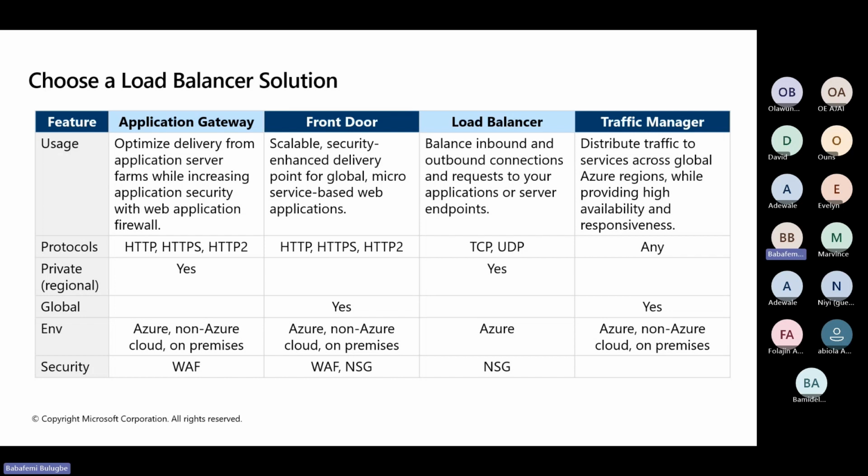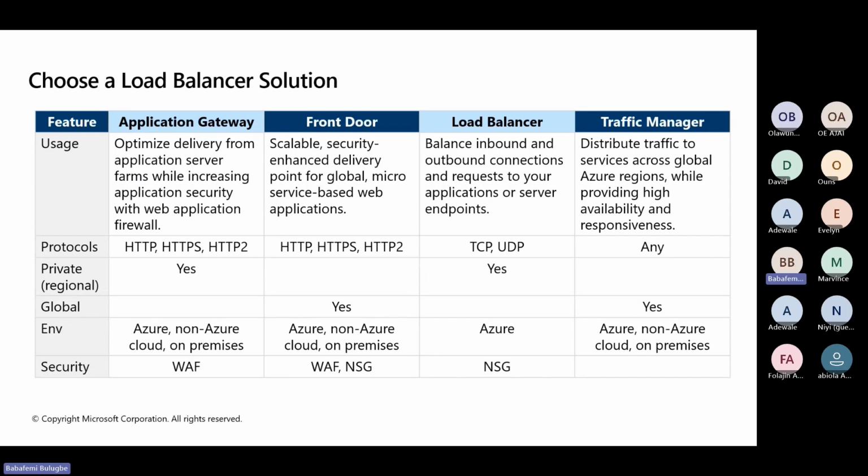We have the application gateway, majorly because we have what we call the WAF, the web application firewall, which is integrated with the application gateway, and that's why the majority of people tend to go with the application gateway. It distributes incoming traffic based on the protocols you can see here.